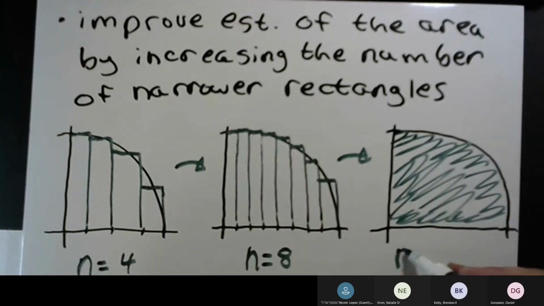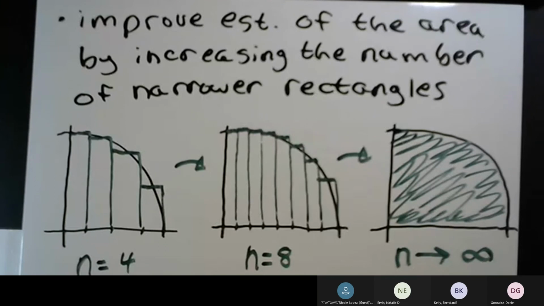So here the number of rectangles approaches infinity. And this is where we're going with antiderivatives, believe it or not. We'll talk more about this later. But that's the end of section 5.1.